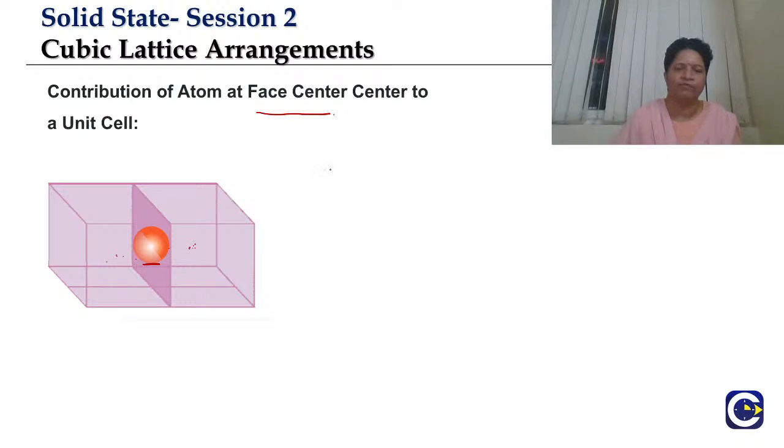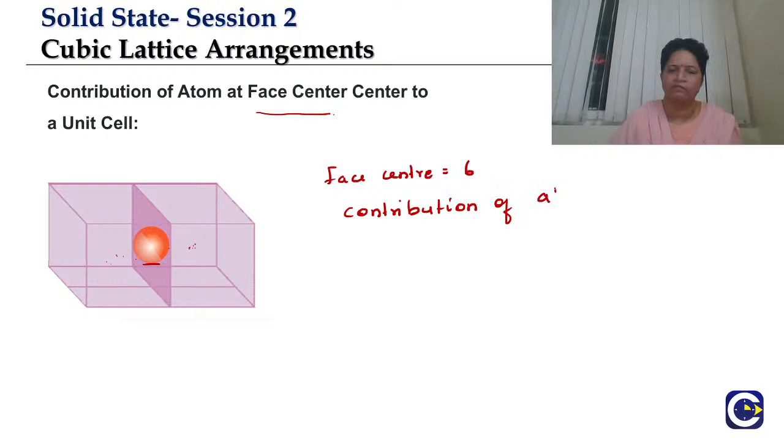How many face centers are there in a cube? 6. Contribution of atoms per unit cell is equal to 6 into 1 by 2, which is equal to 3.